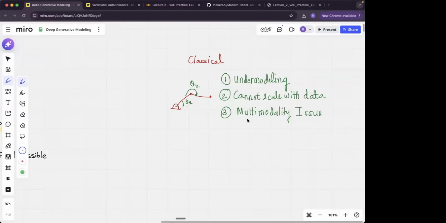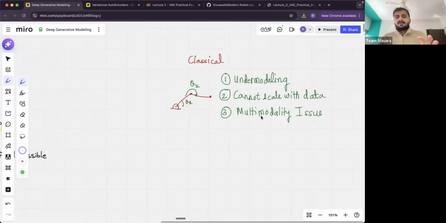So multi-modality means that let's say you have a robot which you are training on some data. Now, if that data is comprised of not only information about the joints, but also the input which is coming in from the camera feeds, then you have text-based data or numbers, plus you have information coming in from the cameras.